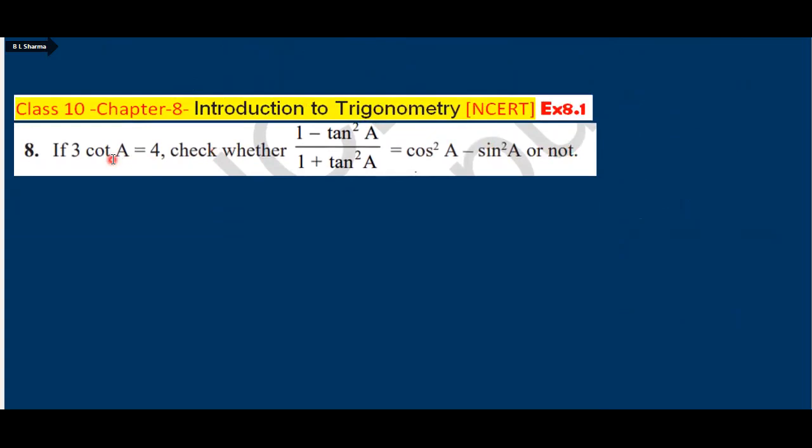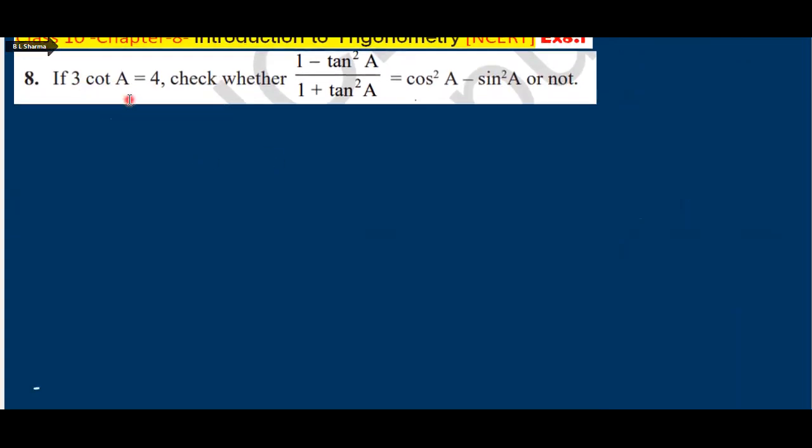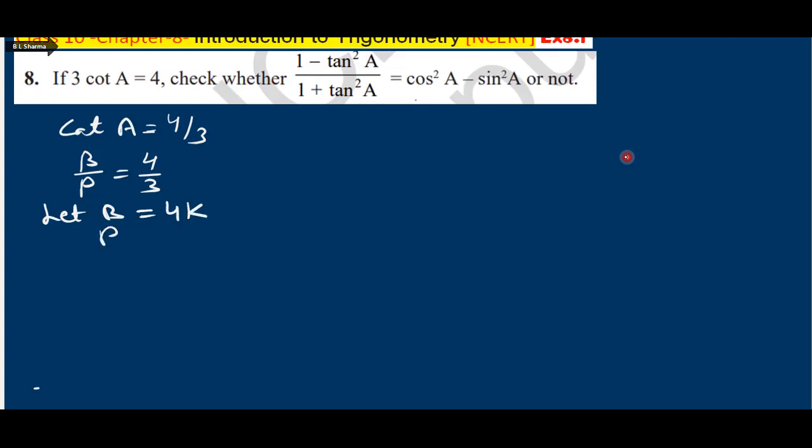Next question on your screen, it is given and then we have to verify. If 3 cot A is equal to 4, then we know that it is given cot A is 4 by 3. And then we know that cot is base upon perpendicular, 4 by 3 for the acute angle A. So let base be equal to 4k unit, then perpendicular will be 3k unit.